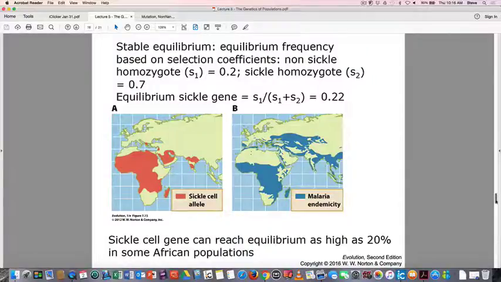And your first thought is, shouldn't that be eliminated through natural selection? Well, it turns out that under heterozygote advantage, those individuals that have a copy of the non-sickle gene and the sickle gene actually have an advantage. Do you know the story? Why do they have an advantage?